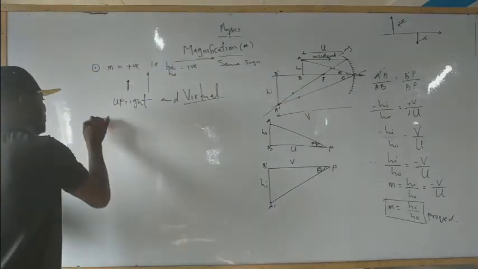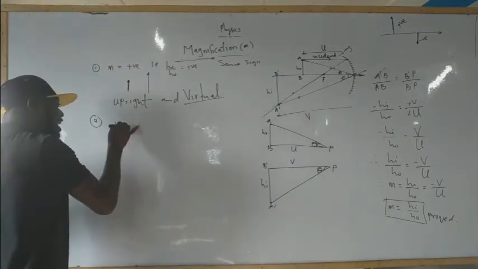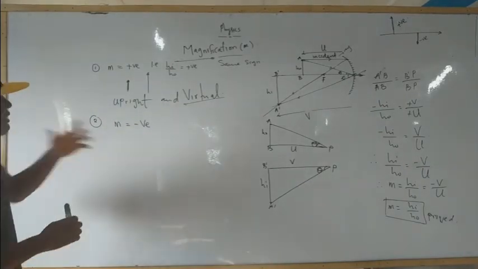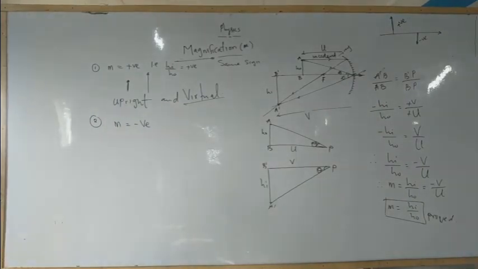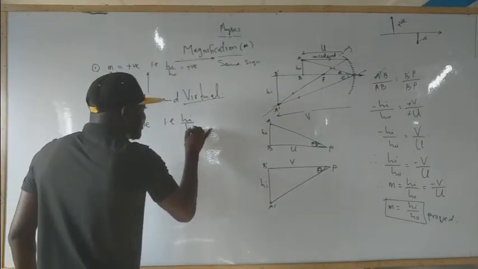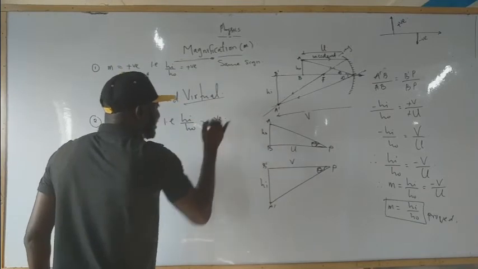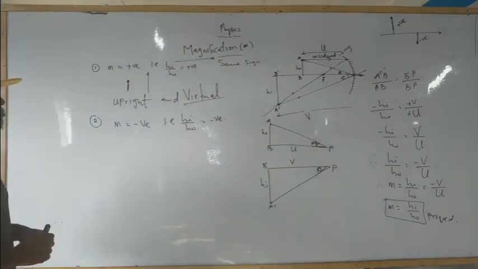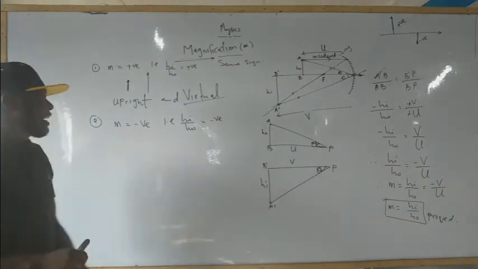Number two, when magnification is negative, that is HI over HO equals minus, this and this negative, that is the same sign, negative.